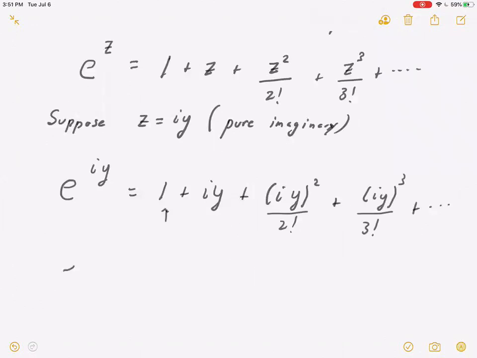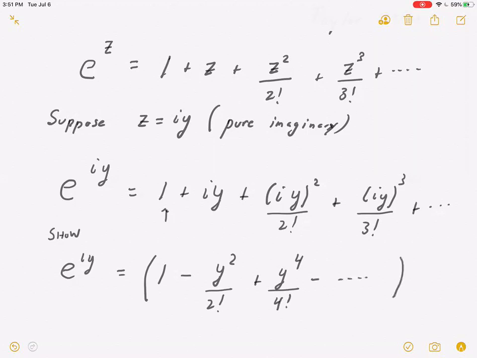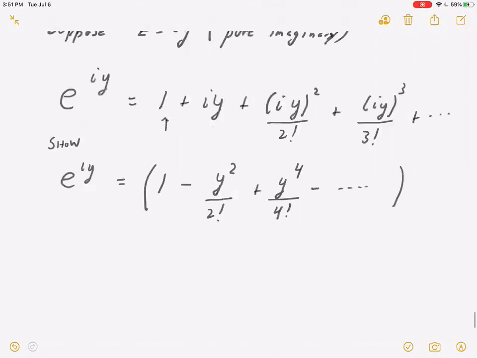And it's easy for you to show, and you should do this, that you can break this up into 2 types of terms. The first term is going to go like 1 minus y squared divided by 2 factorial plus y to the fourth divided by 4 factorial. The next term is going to be negative, so it's going to be an alternating sign. So that's what the real part is going to be.